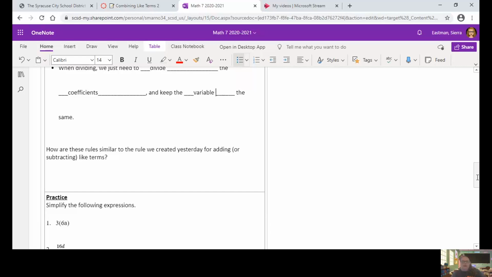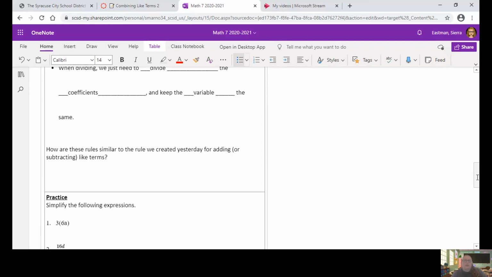We only had to do the operation, whether that's adding, subtracting, multiplying, or dividing, to the coefficient, right? Only those numbers were being combined, added, subtracted, multiplied, or divided together. The coefficients were those numbers being combined, and then our variables were staying the same.